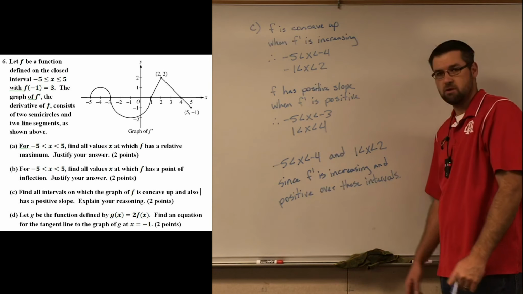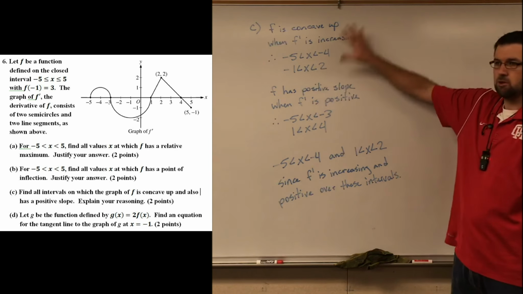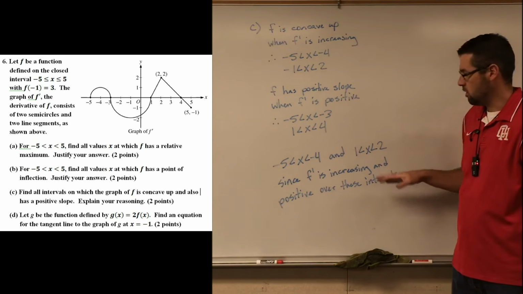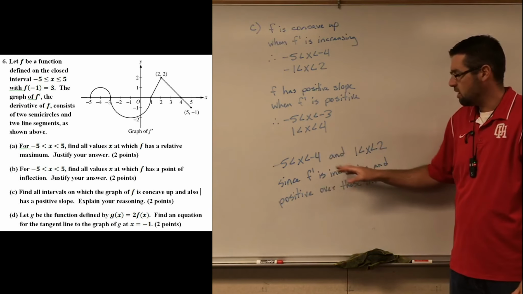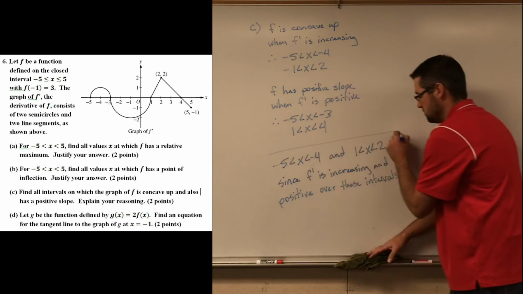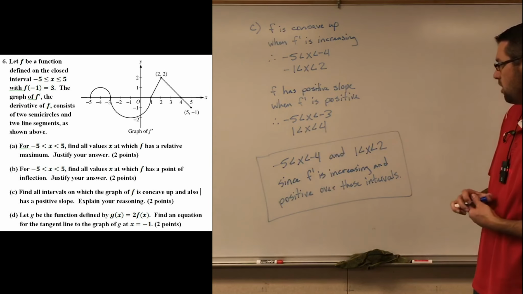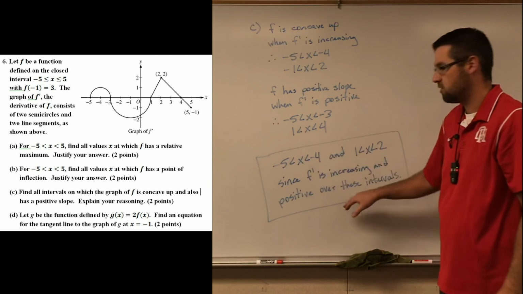That would be good enough. Honestly, that's enough. This is just me showing you what you're looking for, right? So you're looking for when f prime is increasing and positive. So how many points is this worth? 2. So you're going to get 1 for the intervals and 1 for the justification.